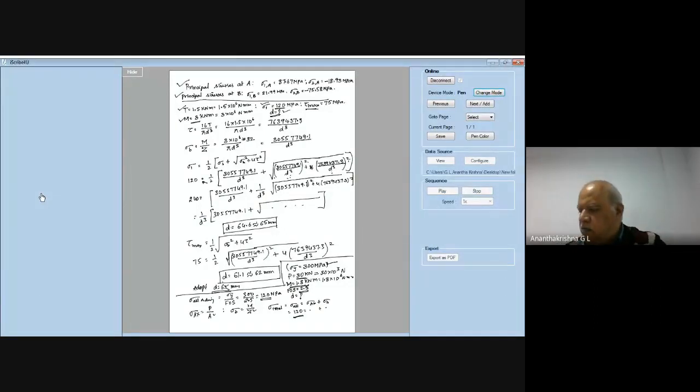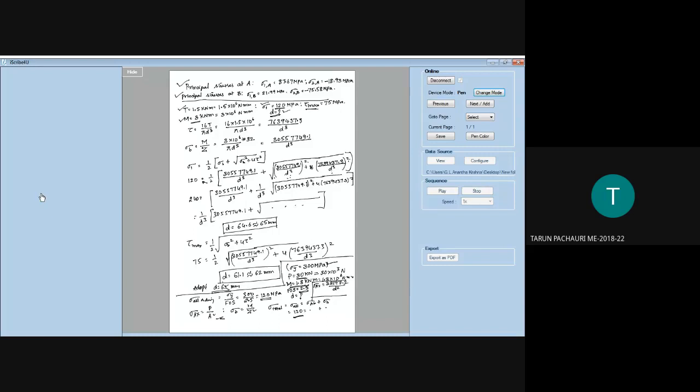So sigma axial, what you get, is 38197.2 divided by d square, correct?